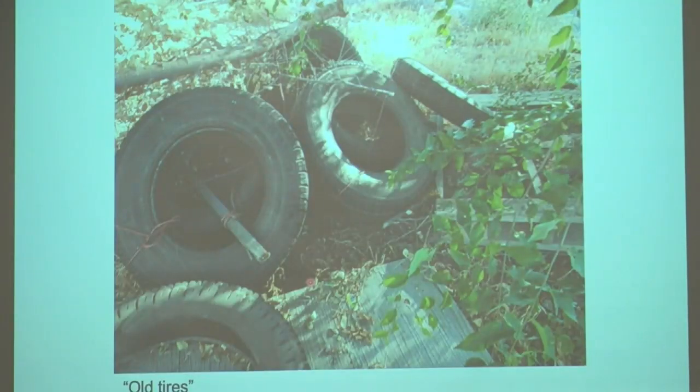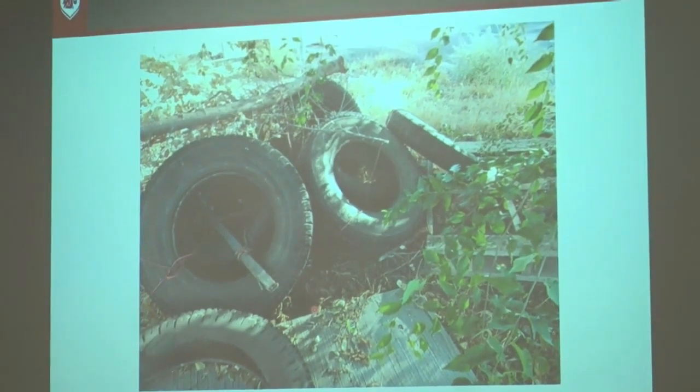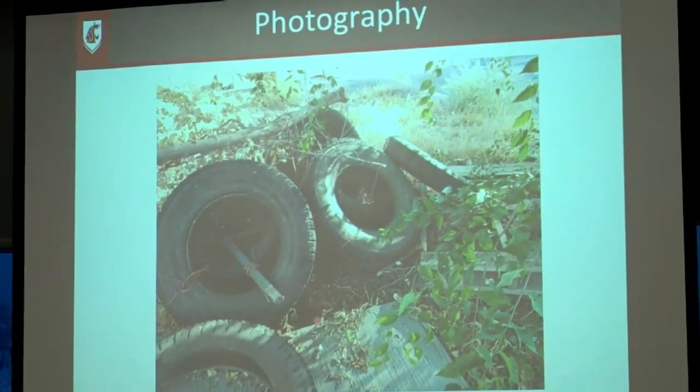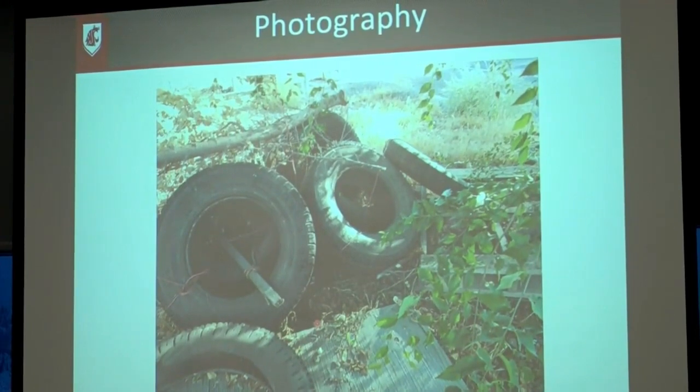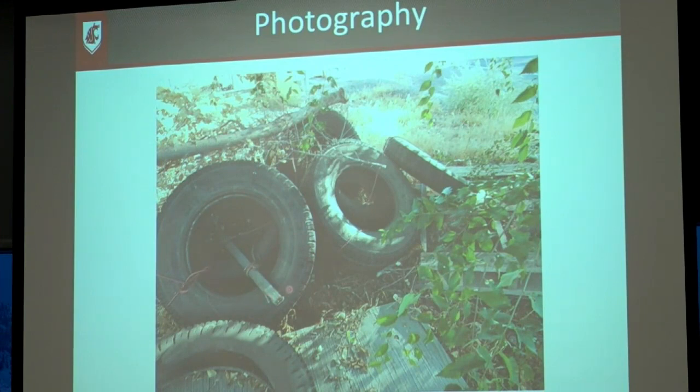Here's one of the photographs, old tires. So if you don't know this already, old discarded car tires are one of the best places for mosquitoes to grow. This is because the internal space of the tire holds rainwater and dirt and leaves, so it becomes a mucky puddle that mosquitoes grow in.